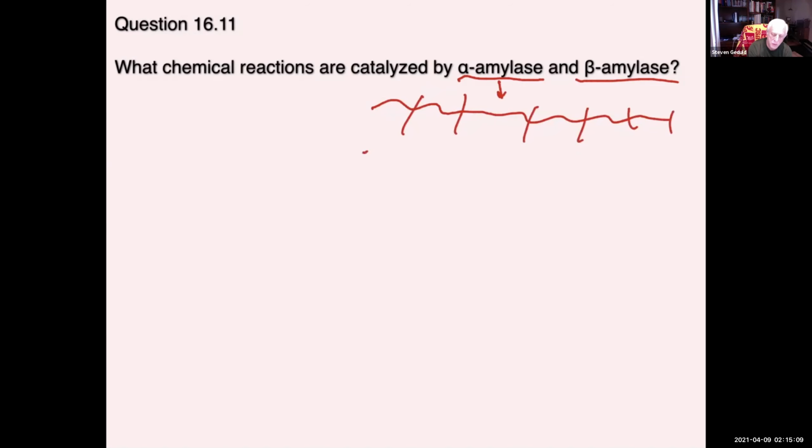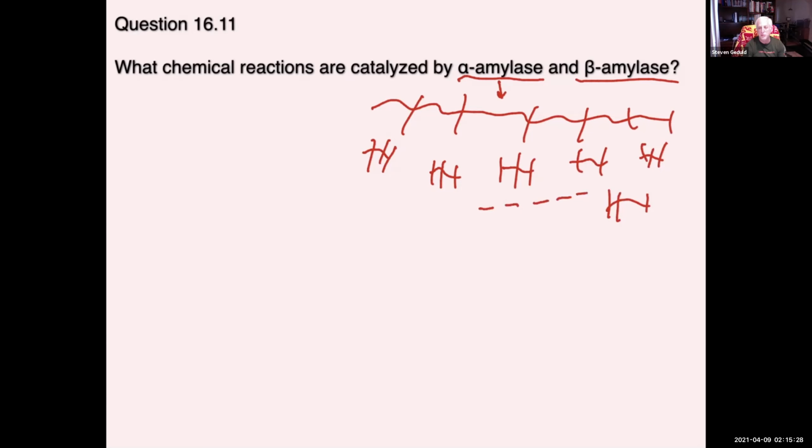So now you have shorter sections to deal with. Then the beta amylase comes along and breaks off every 2 units for maltose. It just cuts everything into 2 units. And now you have just these disaccharide units. Okay, that's what alpha amylase and beta amylase do. Then maltase comes in and breaks down those 2 units into glucose.